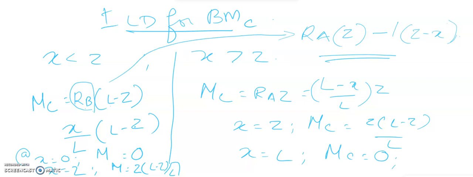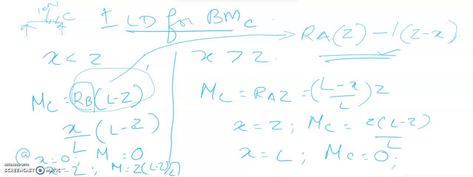Now suddenly you will think, why, when it is less than z, the figure will be like this. When x is less than z, the section is over here and the 1 kilonewton is over here. When you take moment, you have RA into z, then you have 1 into z minus x. That's what I have written over here. Upon simplification, you get it like this.